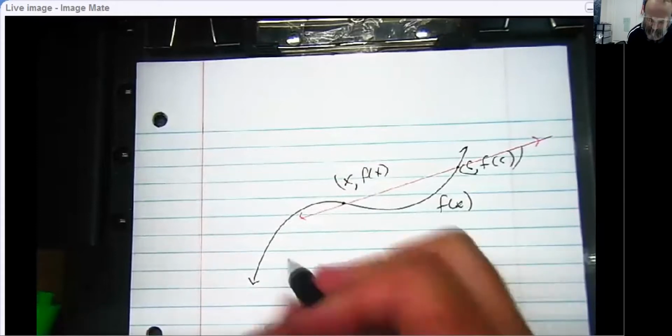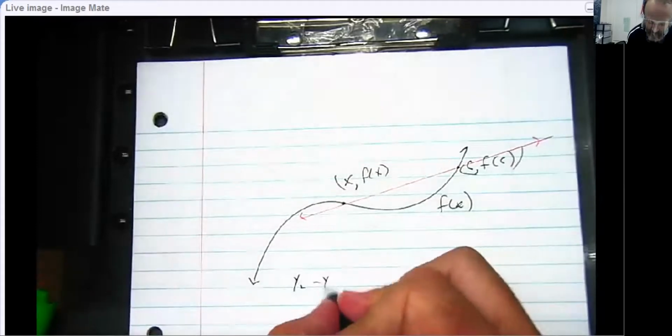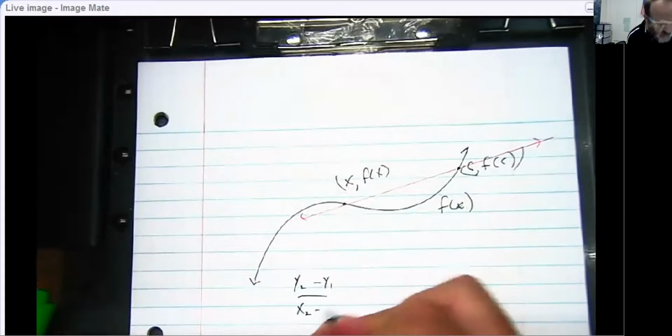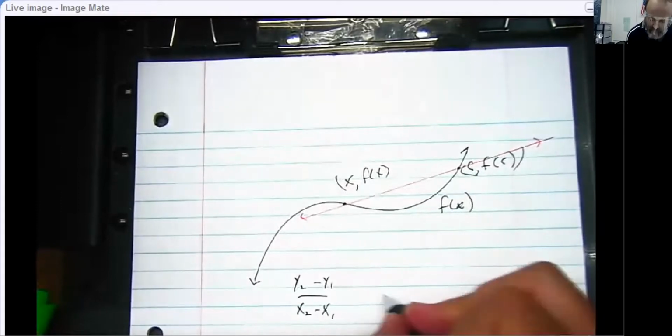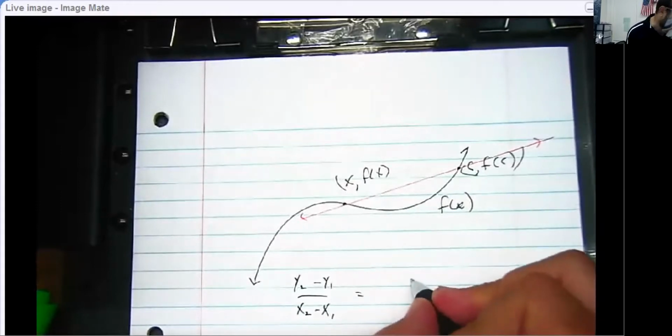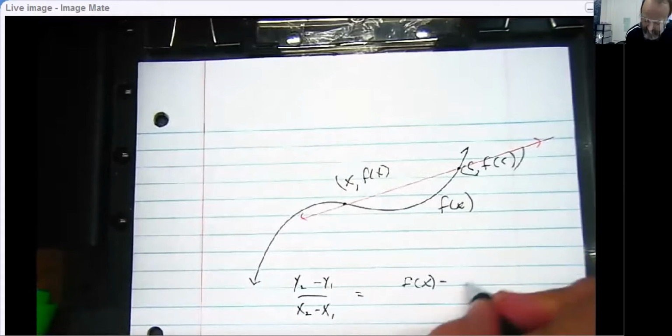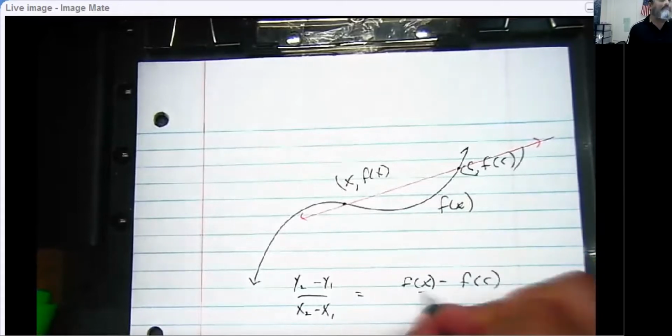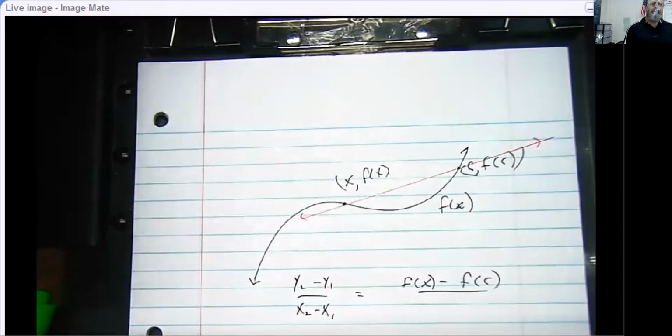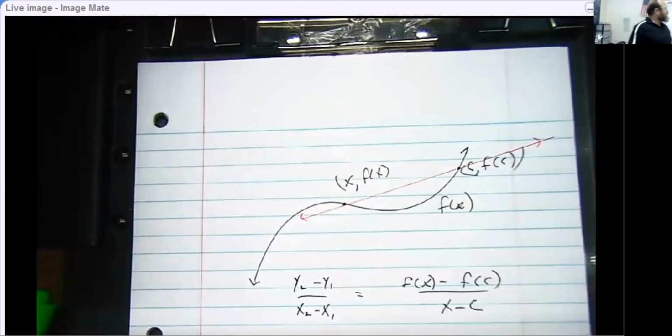If you take a look at our idea of slope, we could say that this would be f of x minus f of c over x minus c. So that's just the slope of this curve.